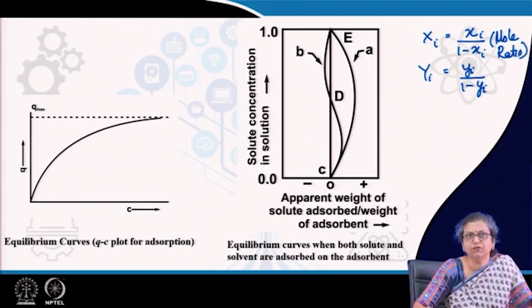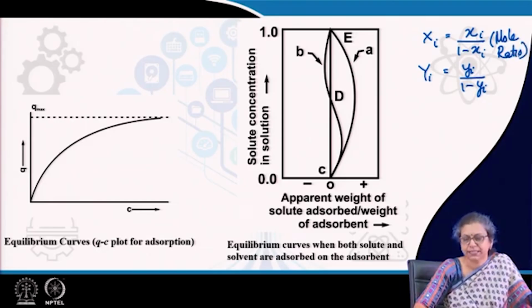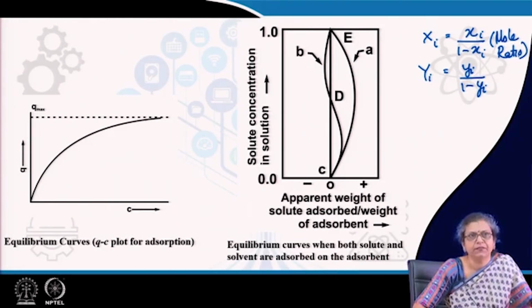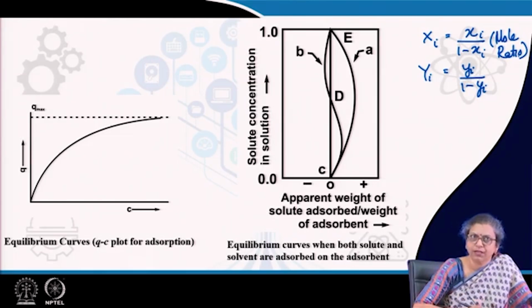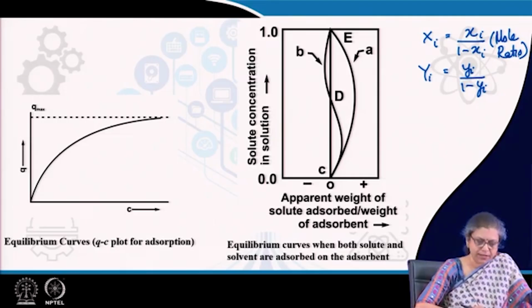The advantage of using capital Xi and capital Yi is that this very often leads to linear plots, and that is definitely quite an advantage for us.